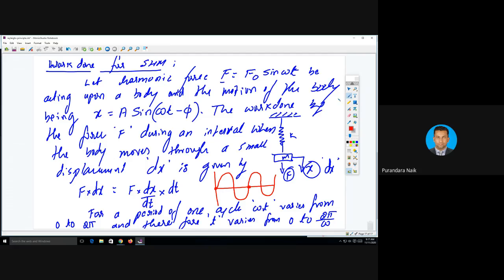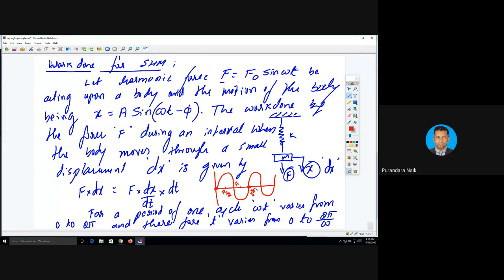If you mention the angle here, it is pi by 2. This is pi. This is 2 pi. Right? To complete one cycle, the phase difference or the angle covered by the cycle is 2 pi.